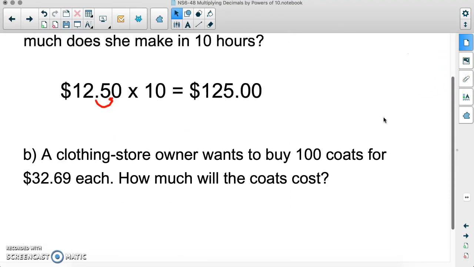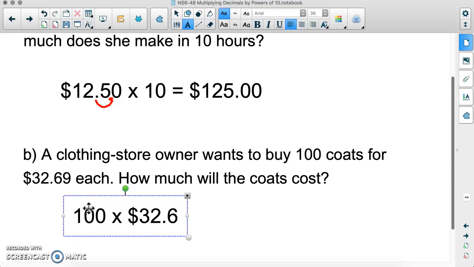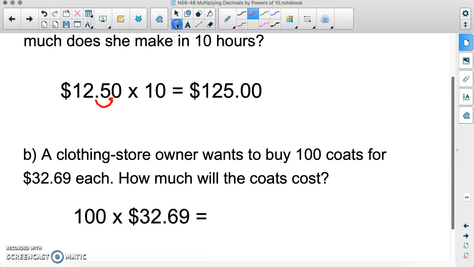Now, if I have B, a clothing store owner wants to buy 100 coats for $32.69 each. How much will the coats cost? So she wants to buy 100 of them. Each of those costs $32.69. So again, I'm multiplying. I know that when I'm multiplying by 100, I need to move that decimal place 2 place values to the right.